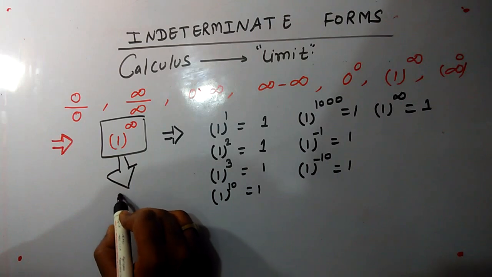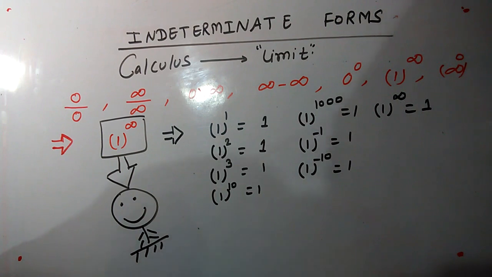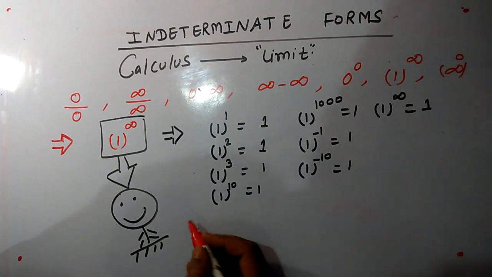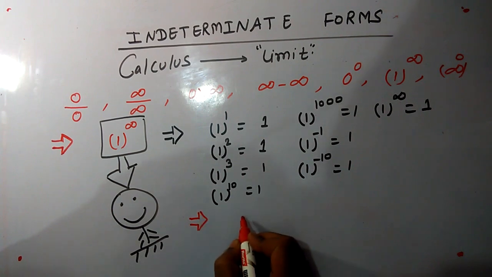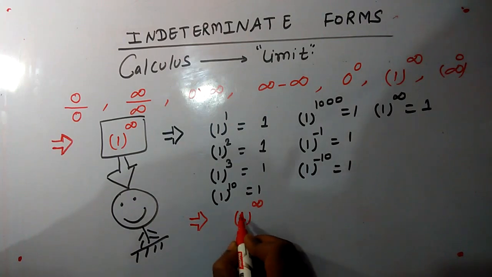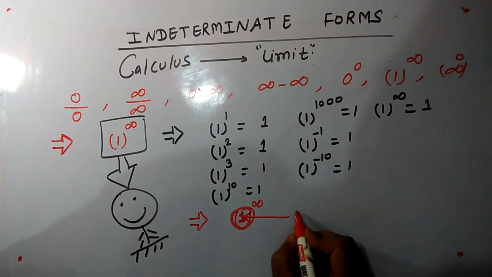Then what is the concept? Why is it called indeterminate form? What does it mean? Indeterminate form means I am not able to predict the exact value of 1 raised to power infinity. So let us look why it is so. In 1 raised to power infinity, this 1 which is shown here is not exact 1.